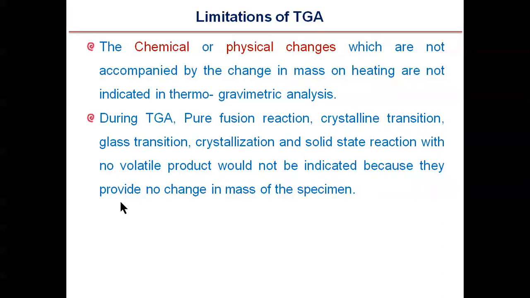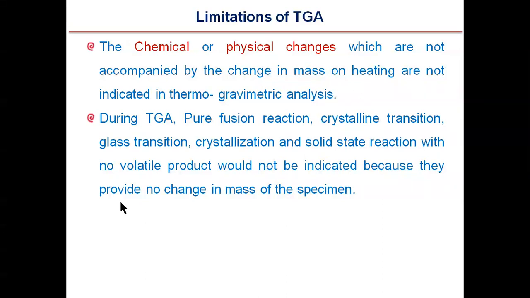During TGA there are many changes taking place, like pure fusion reactions, crystalline transition reactions, glass transitions, crystallization, and solid state reactions with no volatile product, which would not be indicated because they provide no change in the mass of the specimen.